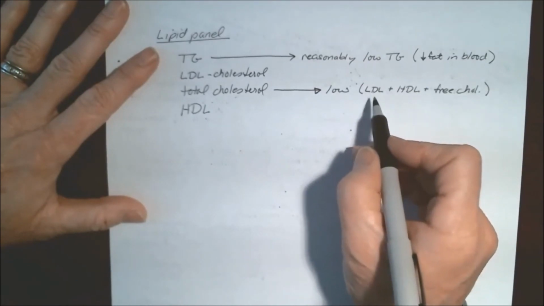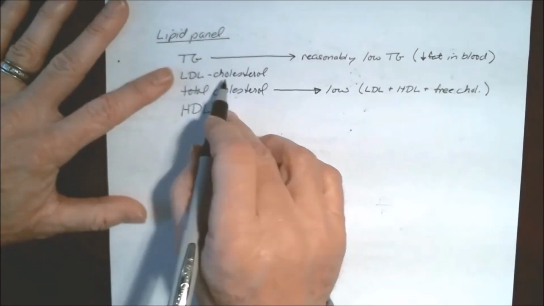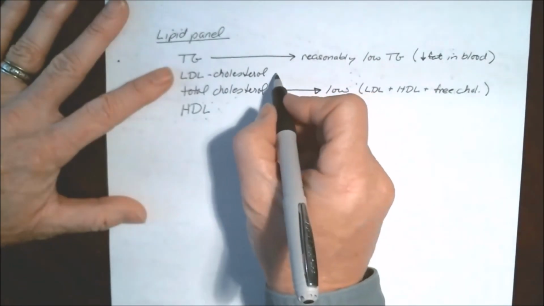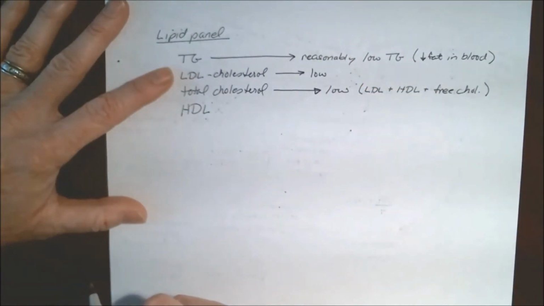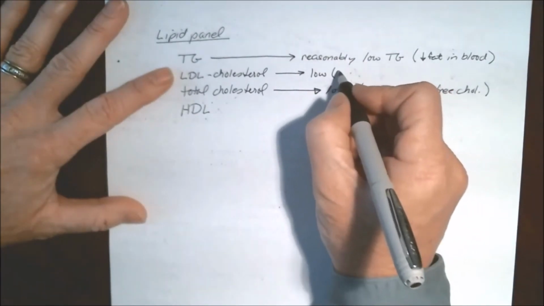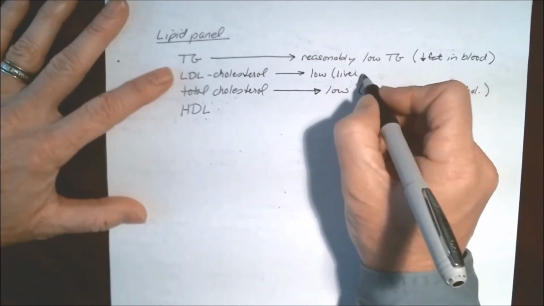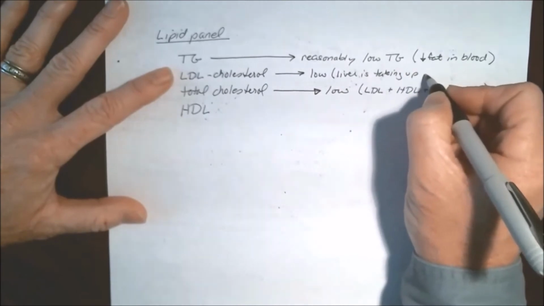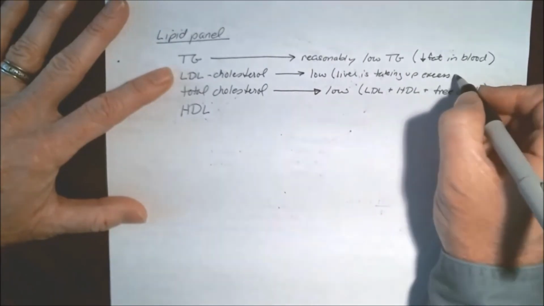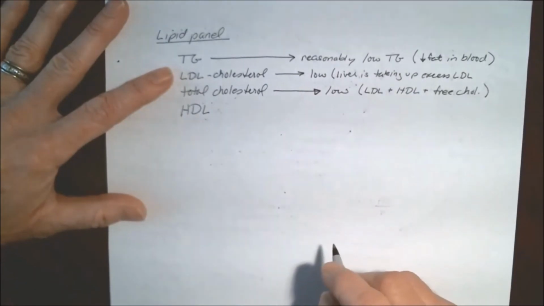So we're going to focus on the LDL. Your physician will typically look primarily at the LDL cholesterol. This also should be low. And this is an indication that your liver is taking up excess LDL in your circulation.